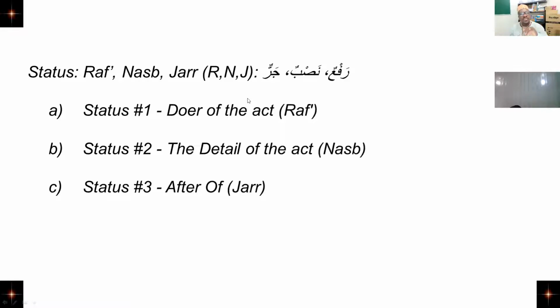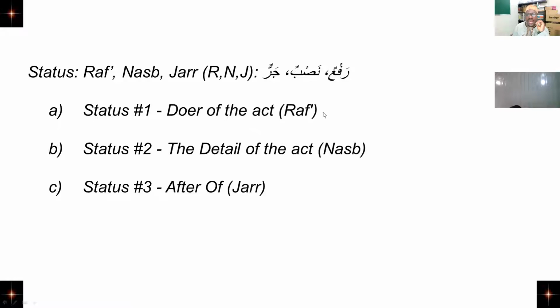Good. Now, these are the three status, and that is the S of the SNGT. This is how they are represented primarily. Primarily, a word can be in rafa status if it is the doer of an action. That's what we call fa'il, the doer.